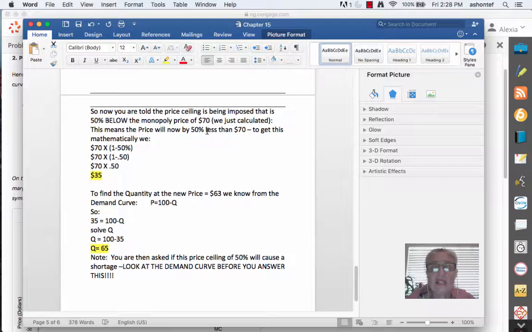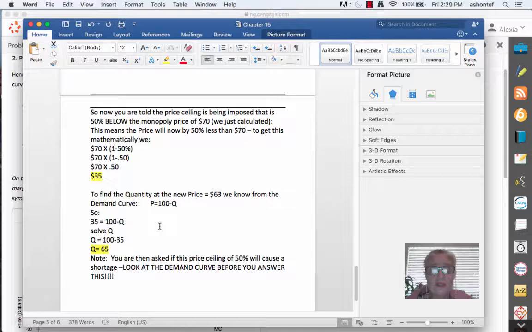It's 50% less than the 70, so mathematically the trick is you take the old price and times it by 1 minus the 50%, or 1 minus 0.5, which means 70 times 0.50. So the new price is 50% of the original $70, which is 35, and to figure out what that quantity would be, you'll just plug that new price into our demand curve formula.